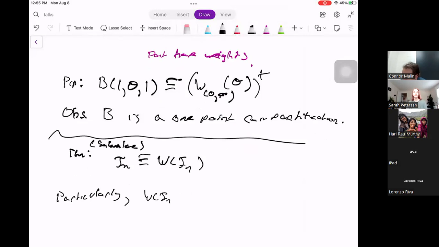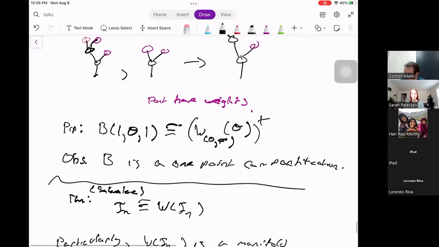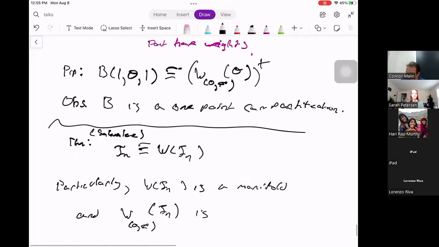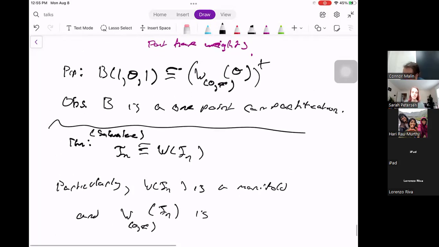WFn is a manifold, which is not obvious at all. And this operad I just defined, W0 infinity Fn, this is, sorry, I'm rushing a little bit. There's a notion of a W construction, so this is called the W construction.